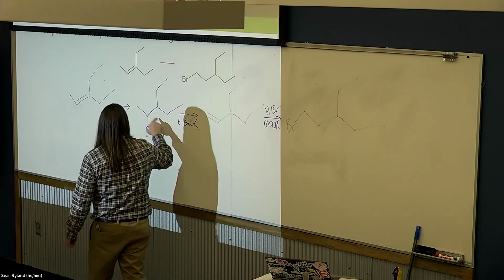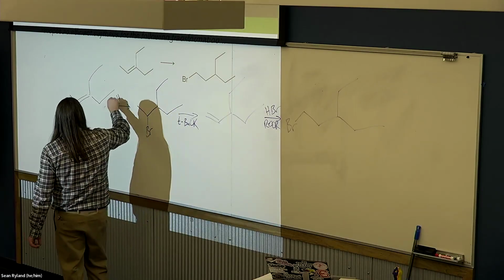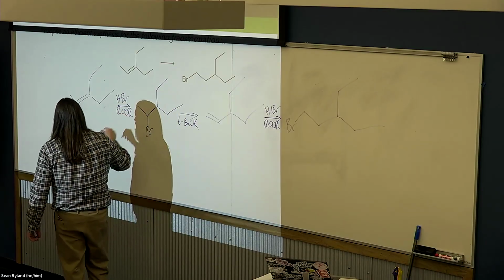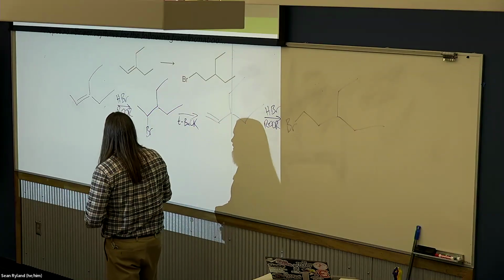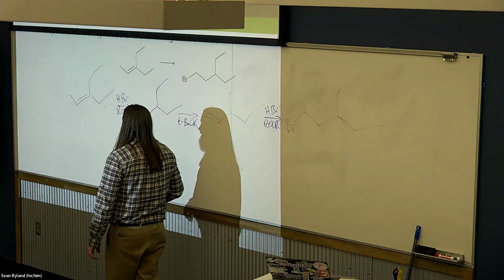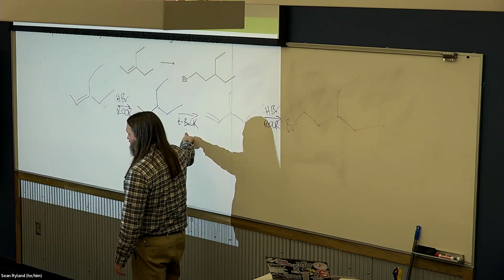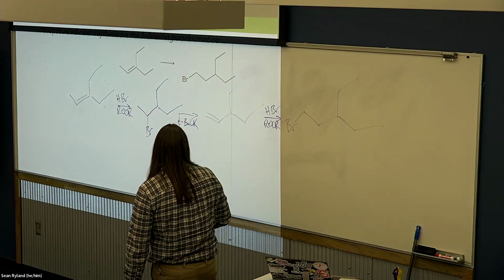If we want to keep moving the functional group in the same direction, we're going to wind up using the same reaction more than once, because we do an anti-Markovnikov addition followed by Hofmann elimination, followed by another anti-Markovnikov addition.